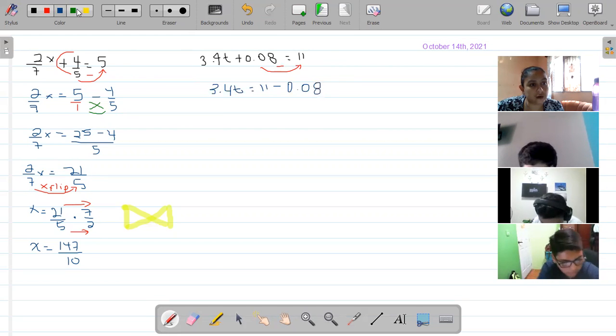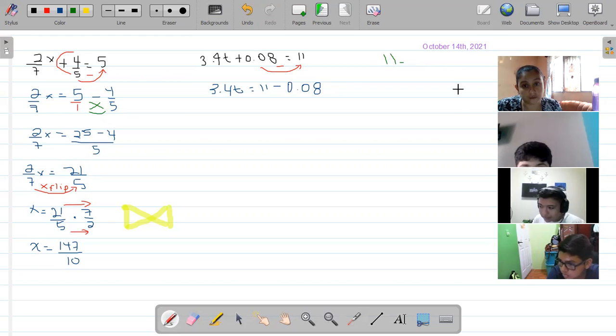And I'm gonna do this subtraction just to refresh your memory on how we solve it. So we're gonna place the 11. Since the 11 has no decimal point, my decimal point will be over here at the very right. I'm gonna align decimal point with decimal point of my other number, 0.08.